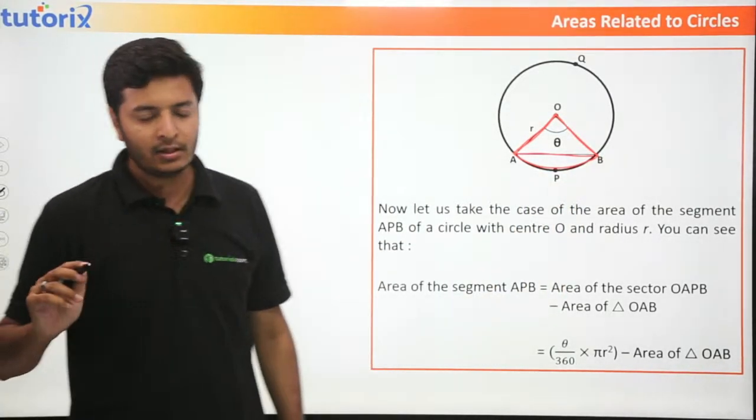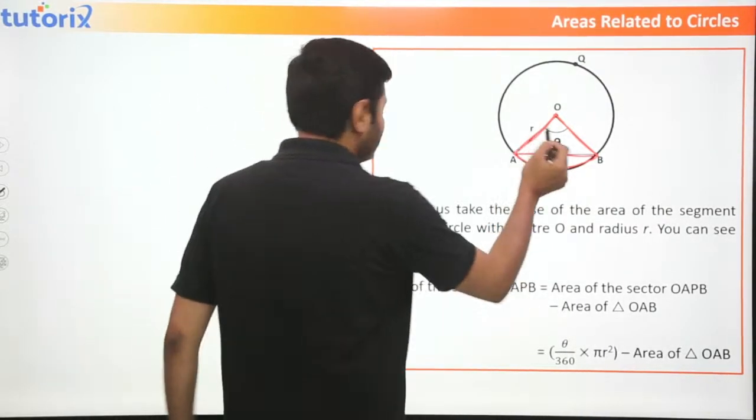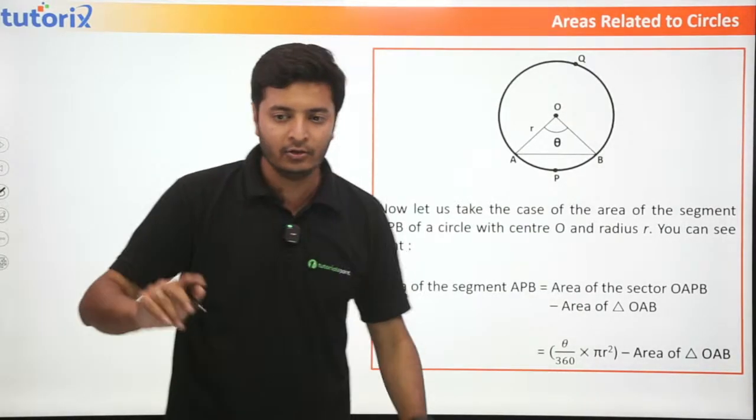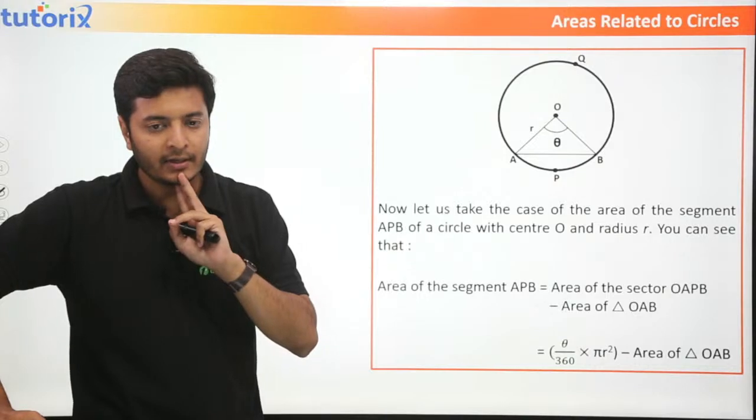What is area of triangle? Half into base into height. Correct. And this triangle is a very special triangle. Can you tell me what type of triangle this is? What type of triangle is this?